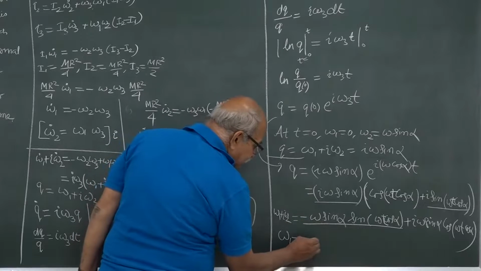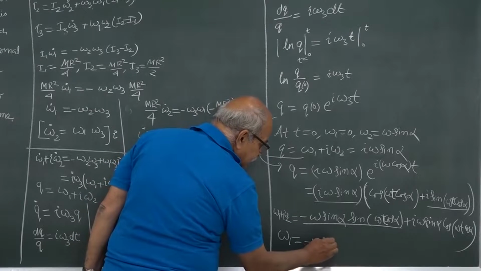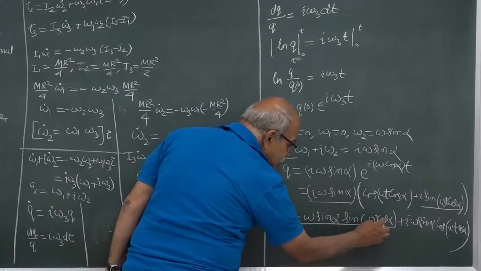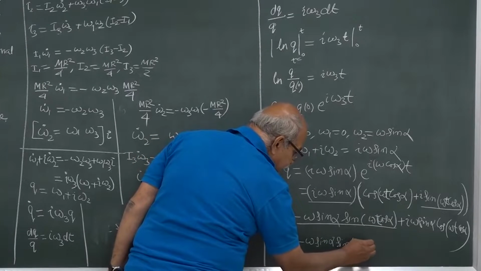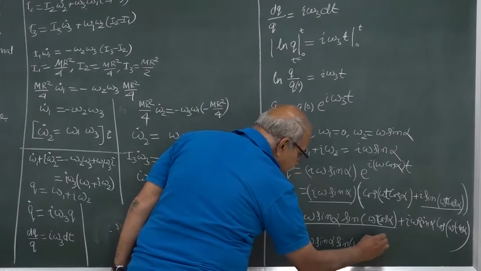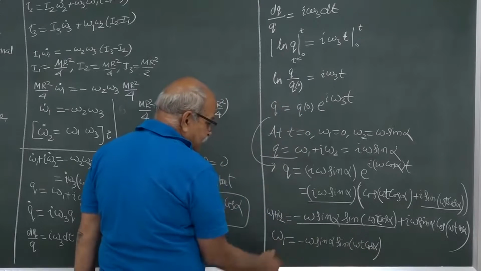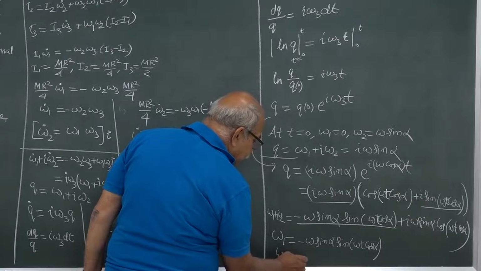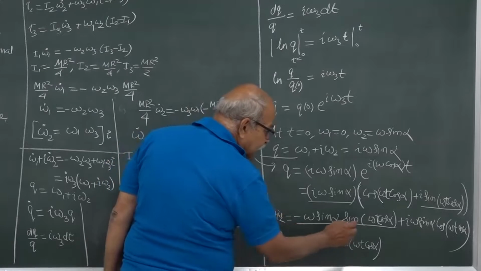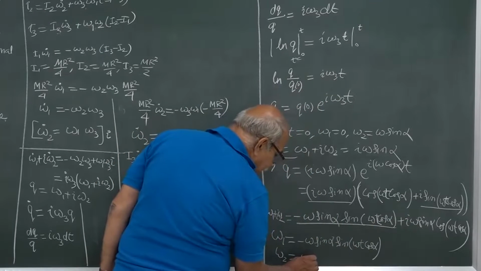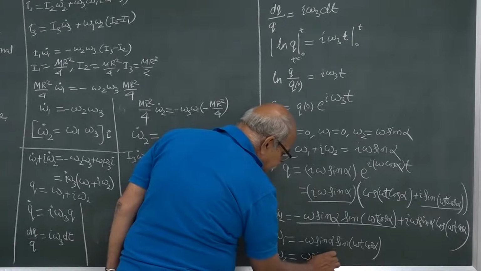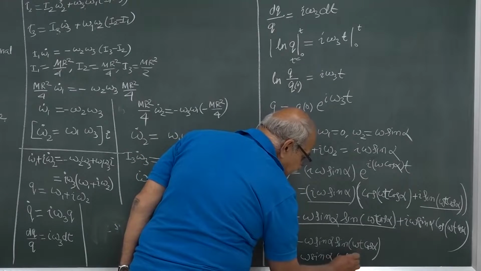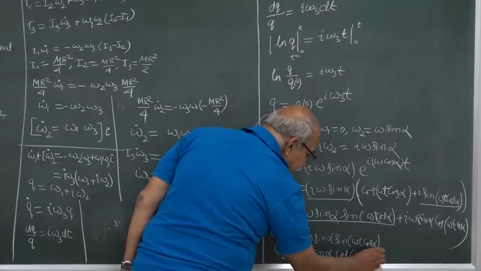So, omega 1 is minus omega sine alpha times sine of omega cos alpha times t, and omega 2 is equal to the imaginary part, and that is here, this is omega sine alpha times cos of omega t cos alpha.